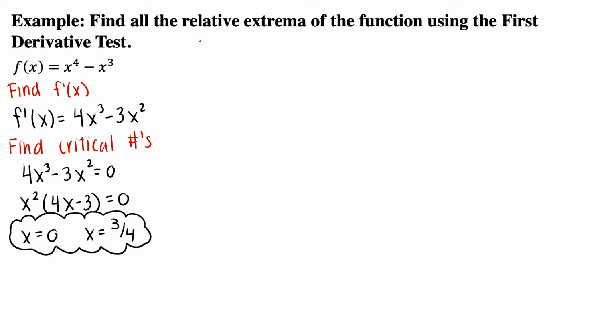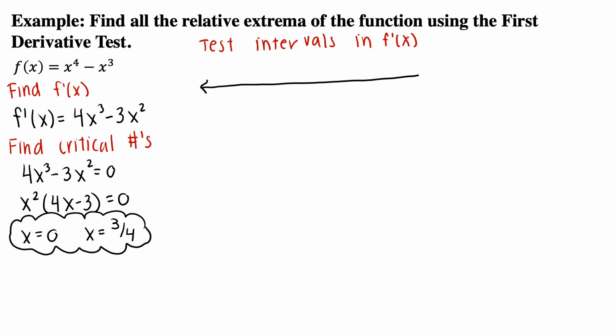Just like we did yesterday, we're going to test intervals in f prime of x. So we're going to set up our number line, identify our critical numbers as 0 and 3/4, and then we're going to test around them. So let's test values like -1, 1/2, and maybe 1.